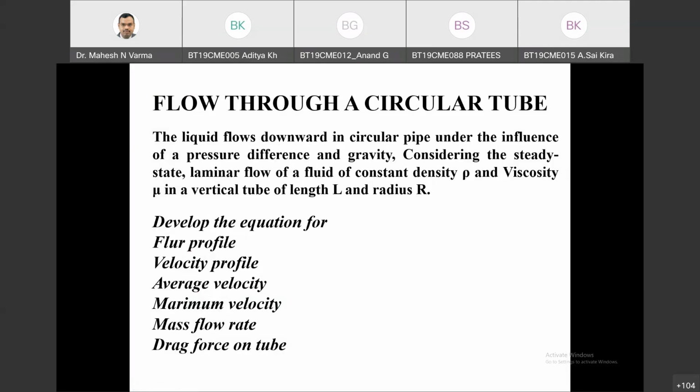Consider a steady state laminar flow of the fluid at constant density and viscosity mu in a vertical tube of length L and radius R. Develop the equation for flux profile, velocity profile, average velocity, maximum velocity, and mass flow rate.